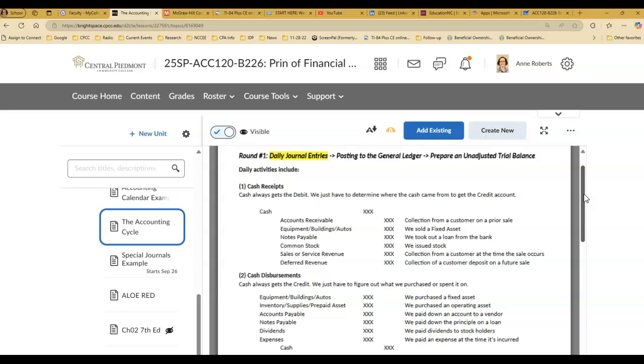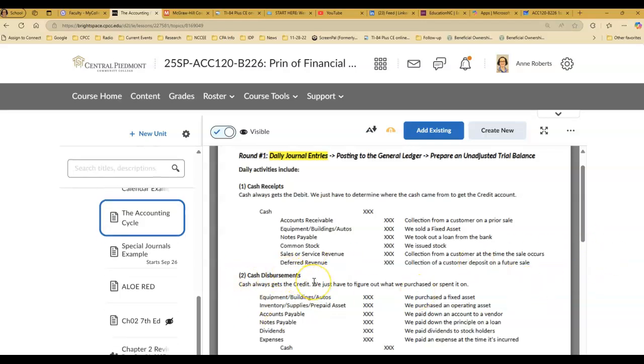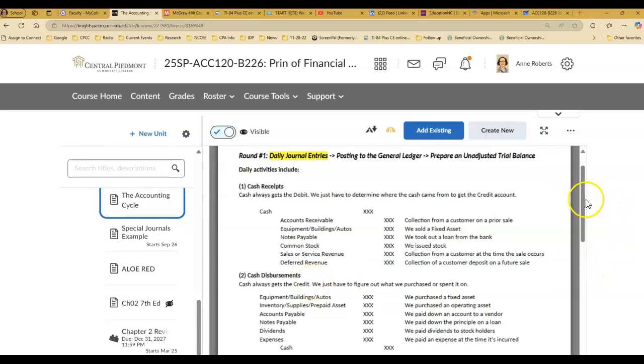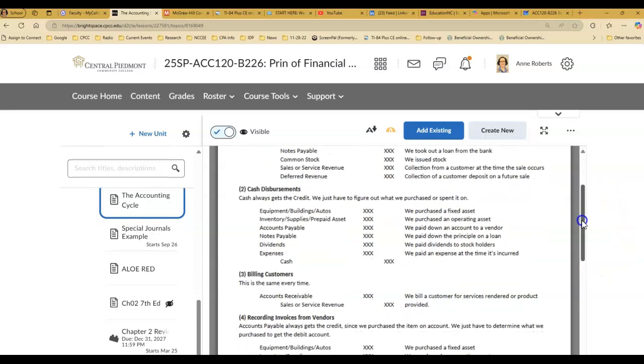Okay? So until they have actually completed your job and got it shipped, that's not revenue to them. Okay? You with me? So those are some of those kinds of things that you can think of when you're thinking of deferred revenue. We collect it first and then we earn it later. Okay? Cash disbursements, right? Yes?